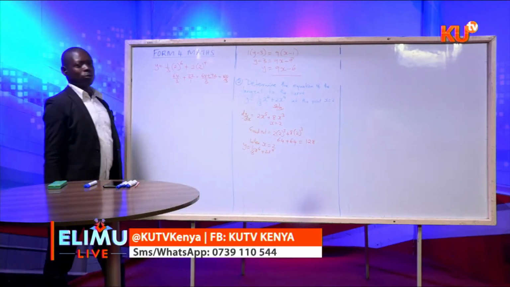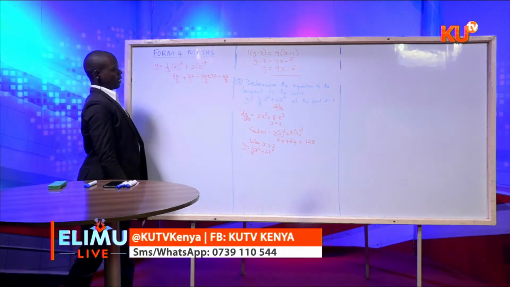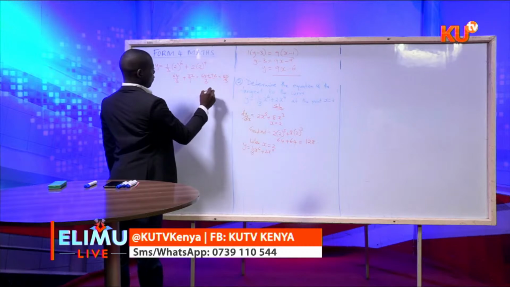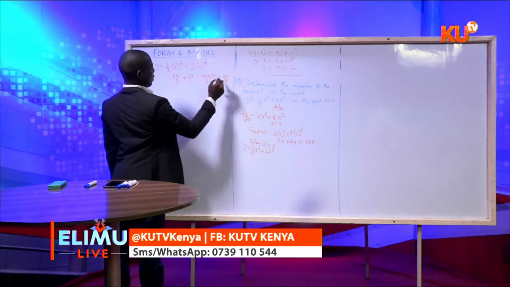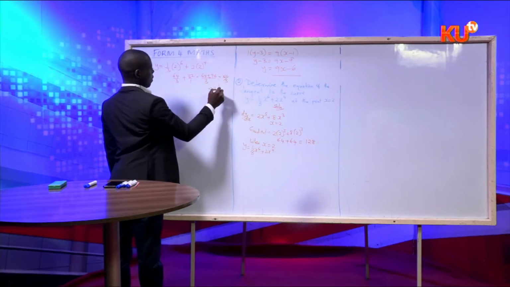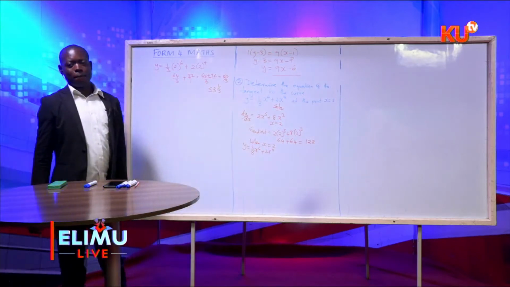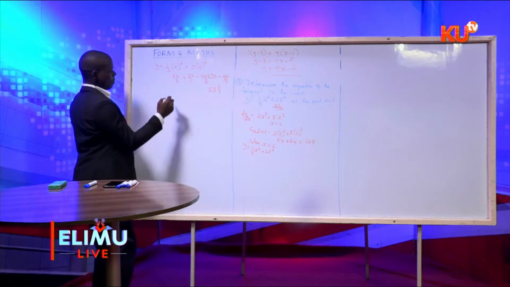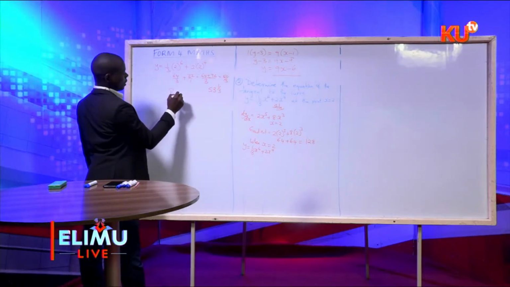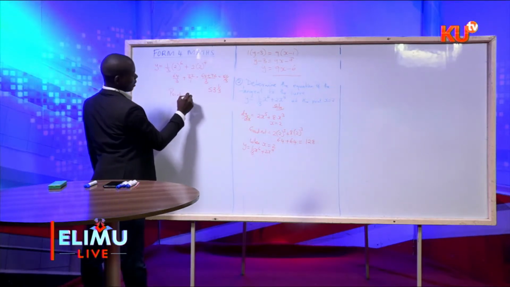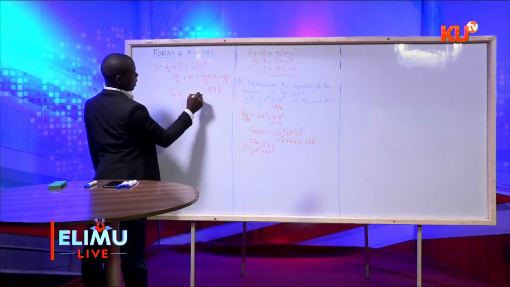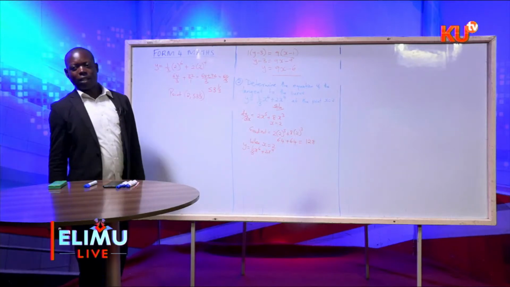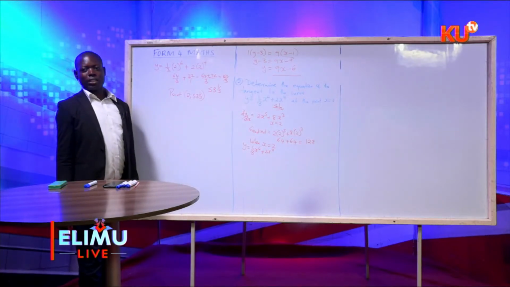Now, students, what is 160 over 3? As a mixed fraction, we shall have 53 and a third, or 53.3 as a decimal. Therefore, our point is now defined by x is 2, y is 53 and a third. Then, how do you get the equation of the tangent?